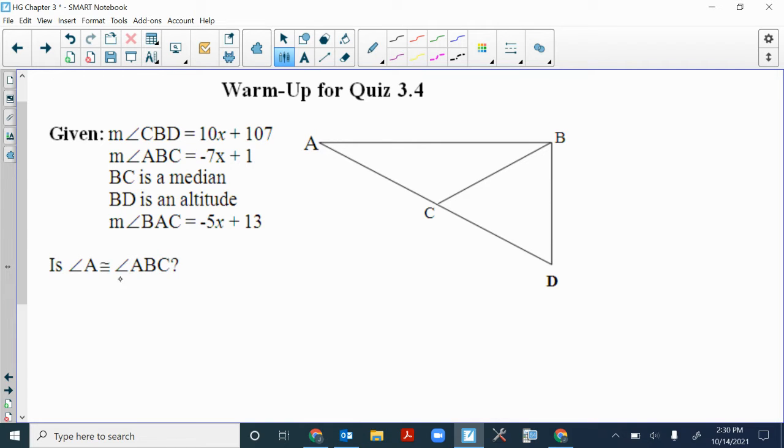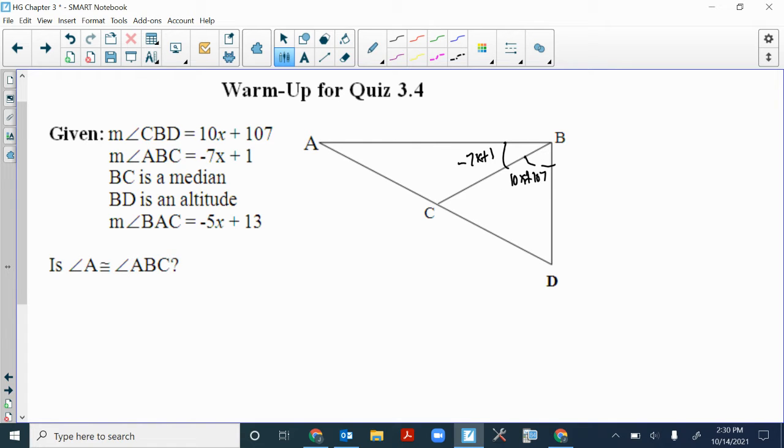So we're trying to show that angle A is congruent to angle ABC, or possibly not. We know angle CBD, this angle here, is 10x plus 107. Angle ABC, which is this angle here, is negative 7x plus 1.